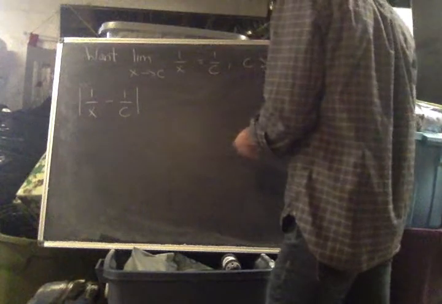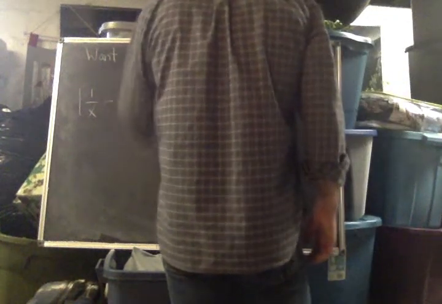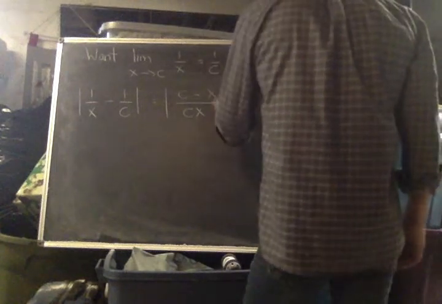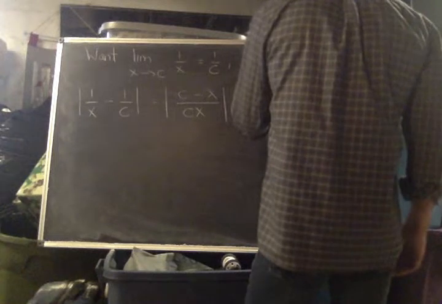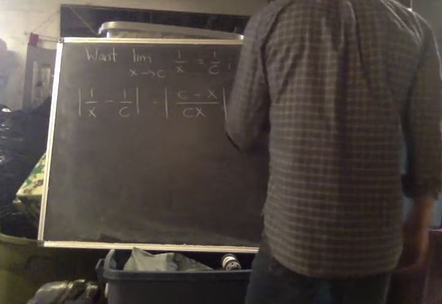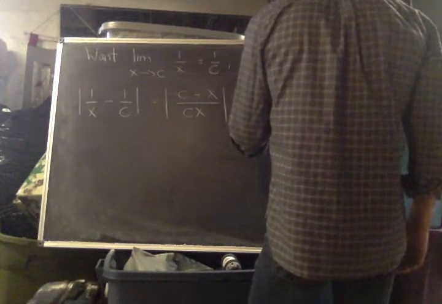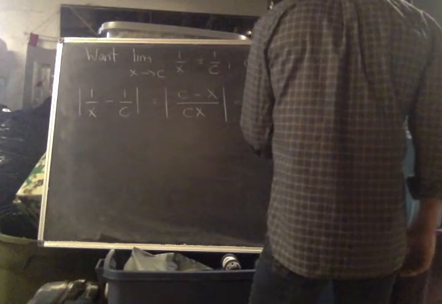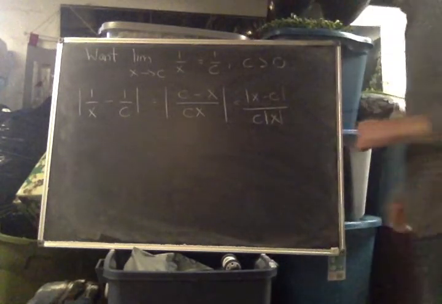So maybe the first idea is to put everything over a common denominator, which will give us the absolute value of c minus x over cx, which we could rewrite as the absolute value of x minus c, all divided by, say, c times the absolute value of x.